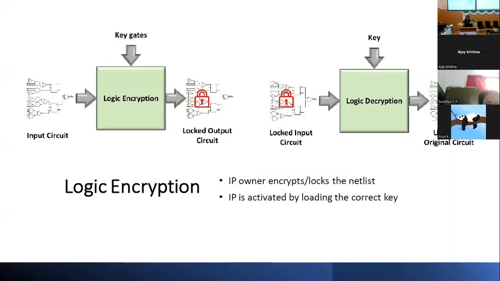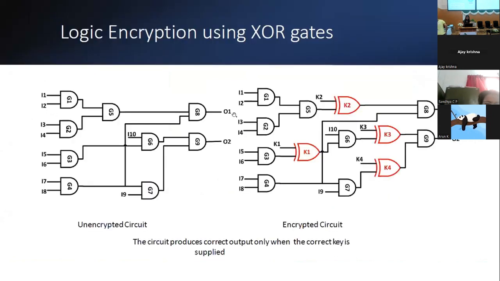Usually logic locking means I have an input circuit. I give it to logic locking and I get a locked circuit, not an encrypted circuit, a locked circuit. In order to decrypt it, the locked circuit will be given to a decryptor and I will get an unlocked circuit. What is this locking and unlocking? In the next slide, I have explained it.